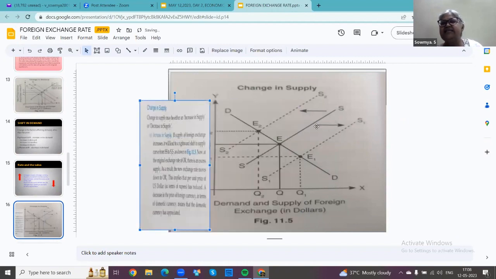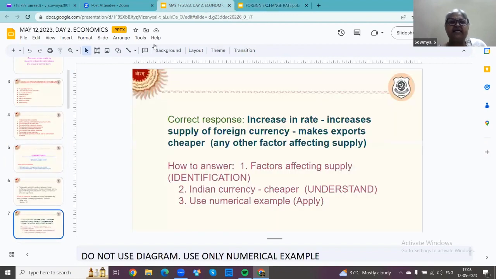They are writing the increase in the supply, and they are talking about fall in the rate and so on, and total confusion. Children were not able to express that. So that is misunderstanding. The concept is not clear to them. That is why such an error was found. So this is a major area where children lost marks.